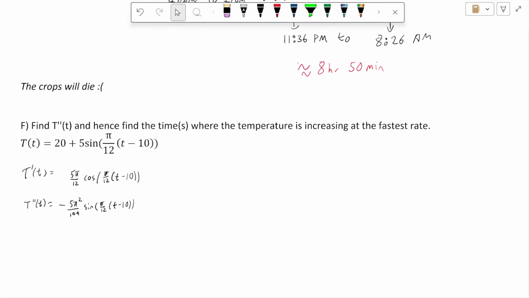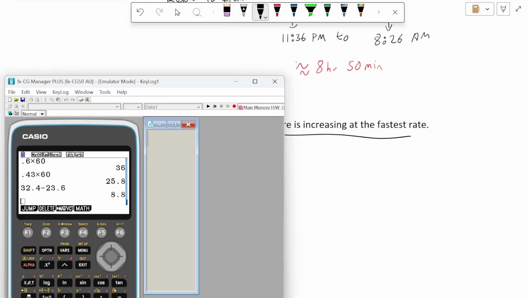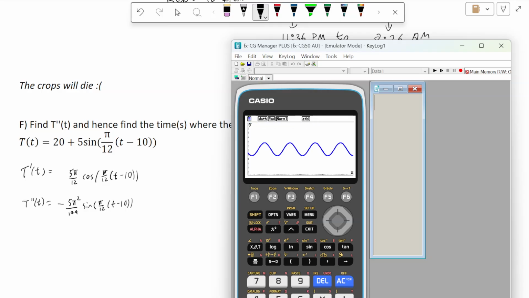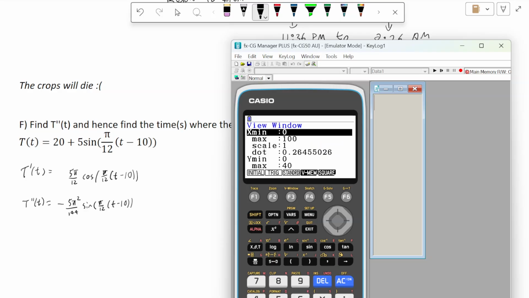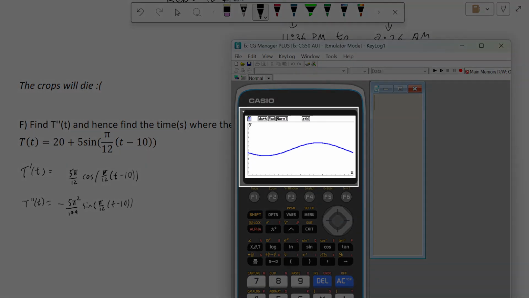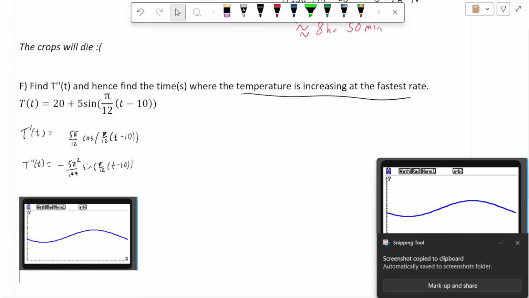Now, find the times when the temperature is increasing at its fastest rate. If we look at the graph, we might just go back to looking at our single day view. There it is. We'll set that window to go and finish at 24 hours. So really, I would be looking for that inflection point where it's going straight up. There we go.